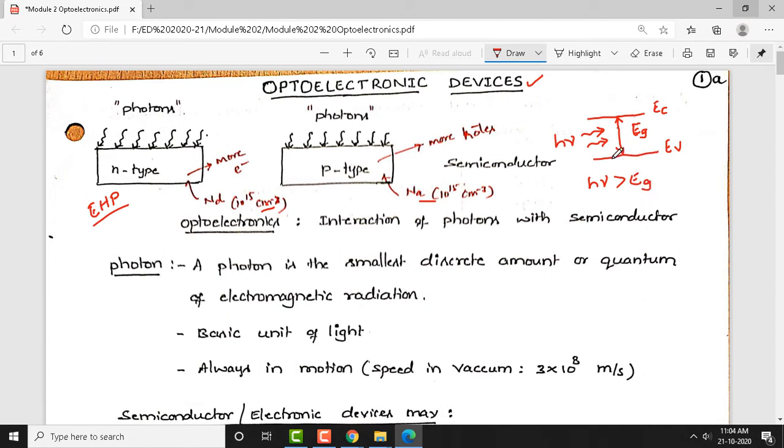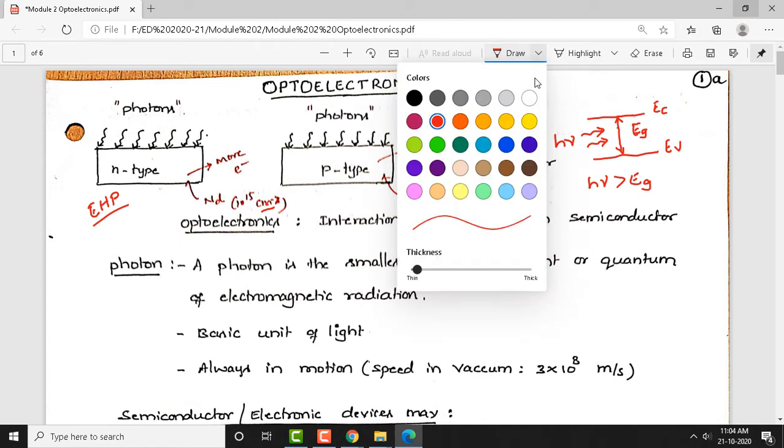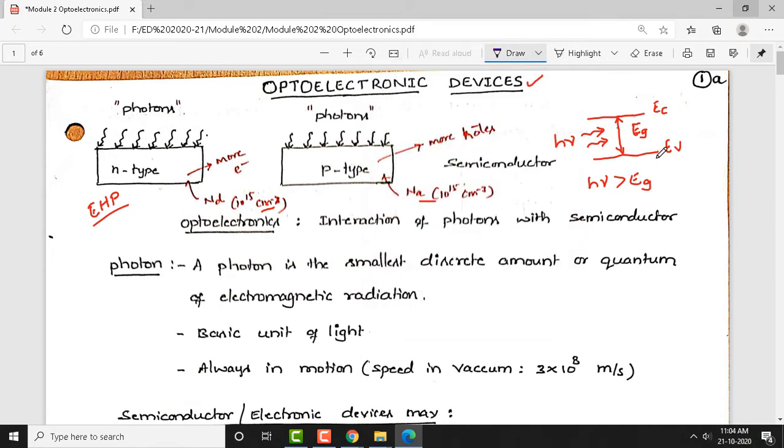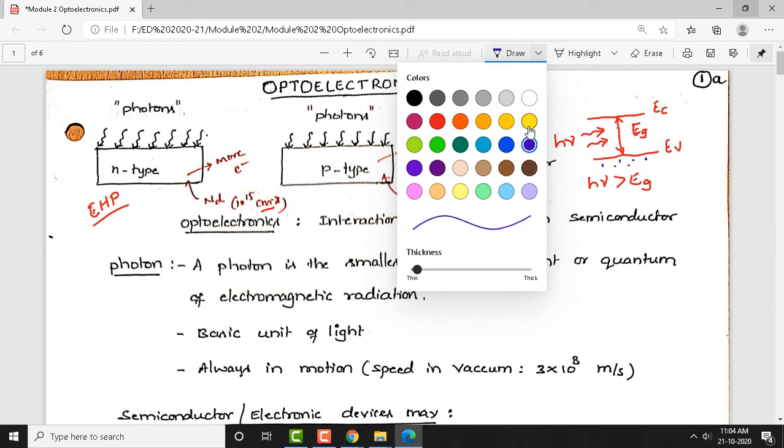Obviously, the valence band has filled electrons, right. Let me show this region in the valence band with electrons. In a semiconductor, the valence band is filled with electrons like this. Now, because of the energy supplied, the electrons get energy from the photons, get excited, and move into the conduction band.